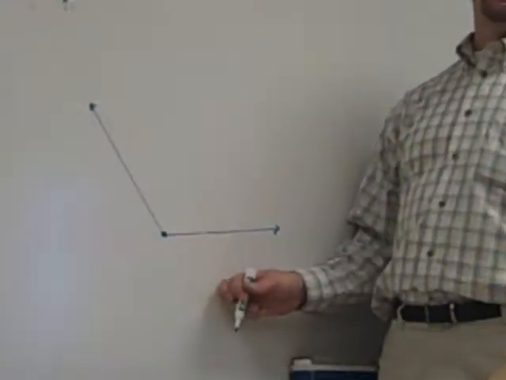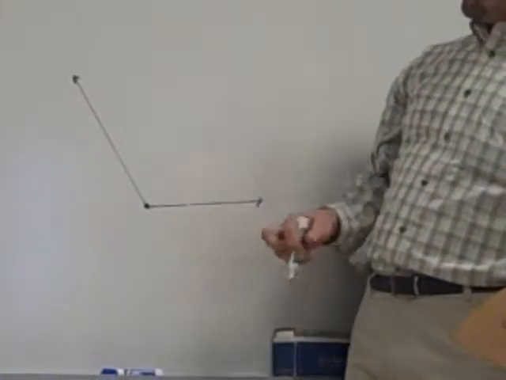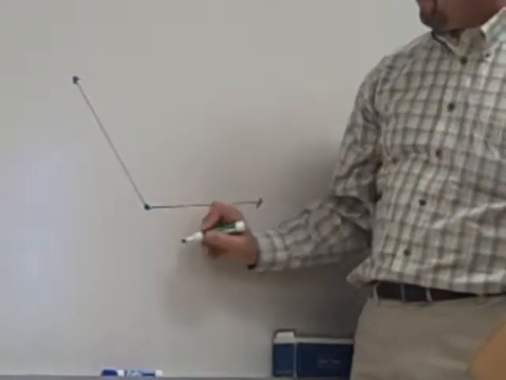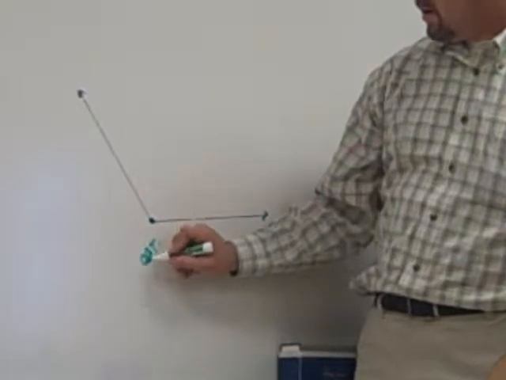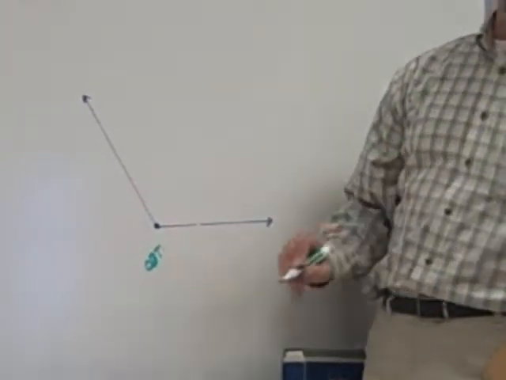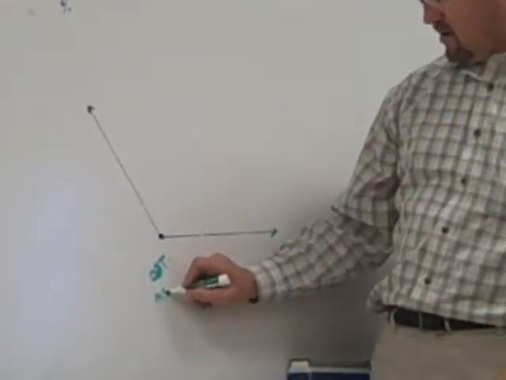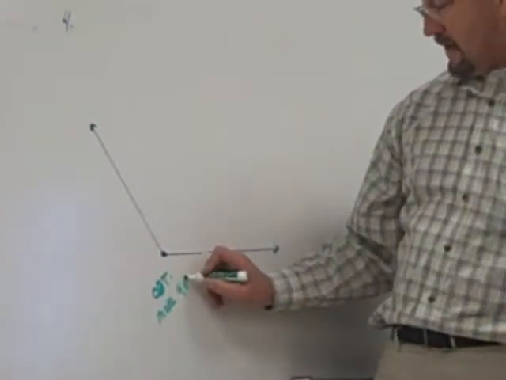So, looking at our first example we're going to do while we write our steps. What is this? Obtuse. I'm going to put obtus, which represents obtuse, and I'm going to put over here more than 90.